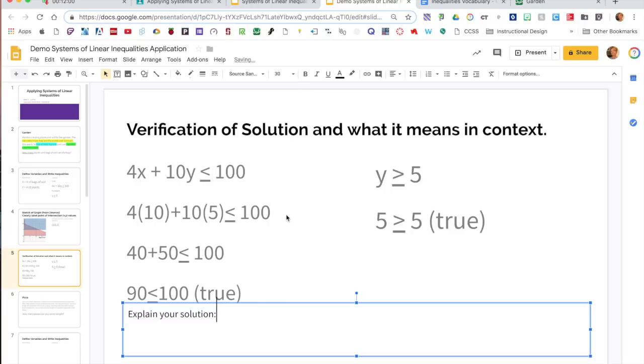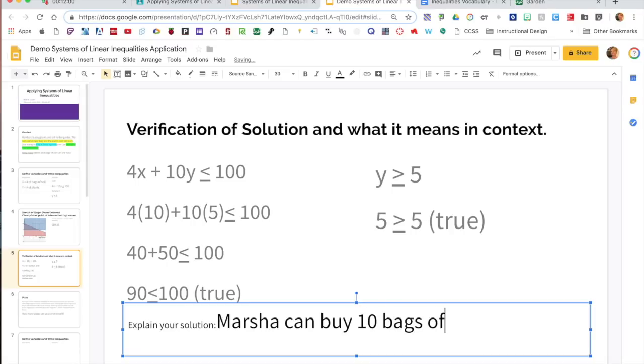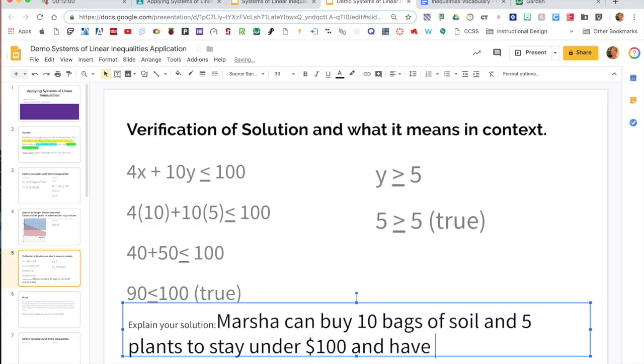What it means for the ordered pair (10, 5) is that Marcia can buy 10 bags of soil, because soil represented our x value, that was our x value for that ordered pair, and 5 plants, that was our y value, to stay under $100 and have at least 5 plants. That's how we write our verification.